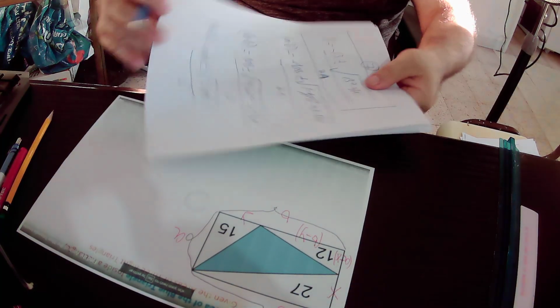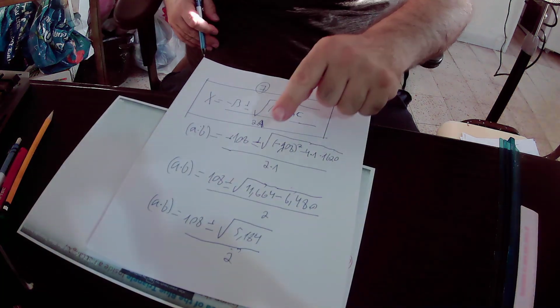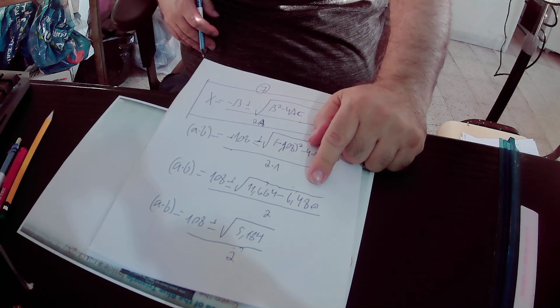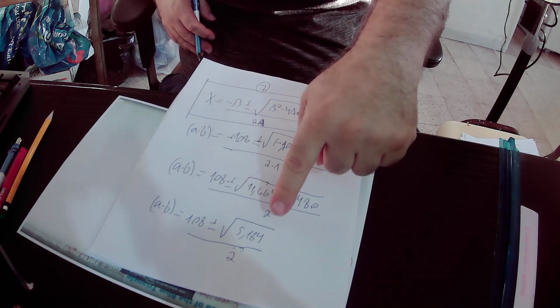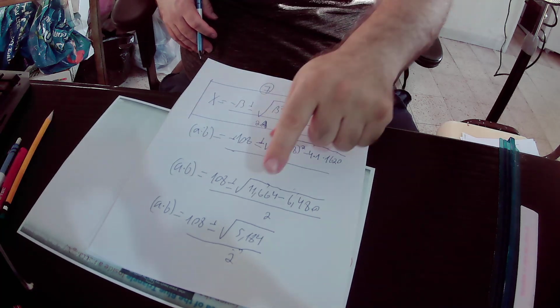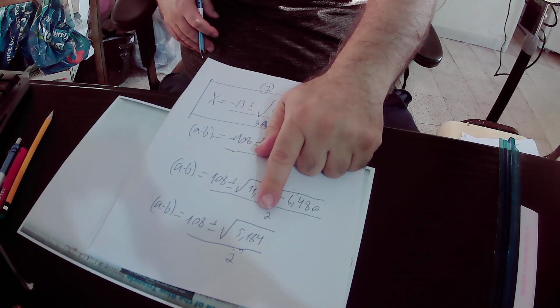We'll repeat again. 11,664 minus 6,480 equals 5,184. Now the root of 5,184 equals 72. So we'll write it down.